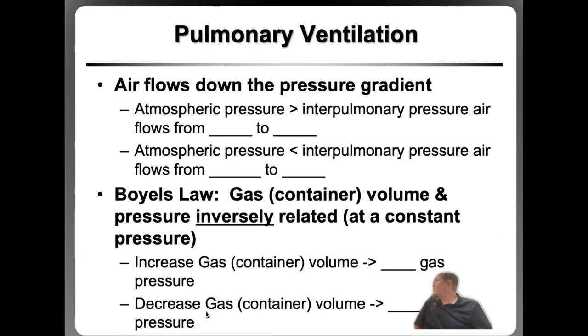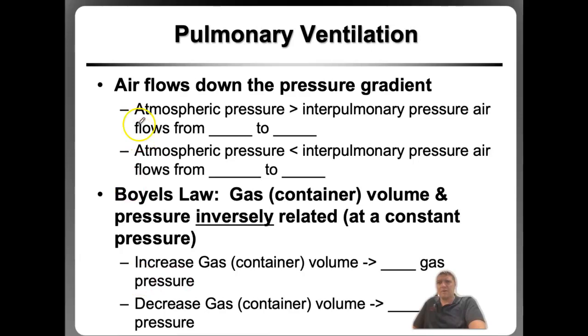As yesterday we talked about, the blood goes from high pressure to low pressure. As your heart pumps, that raises the pressure, and then that pushes it out to the body. And so it goes wherever the pressure gradient is. Well, the same concept goes for your lungs: you will have your atmospheric pressure.